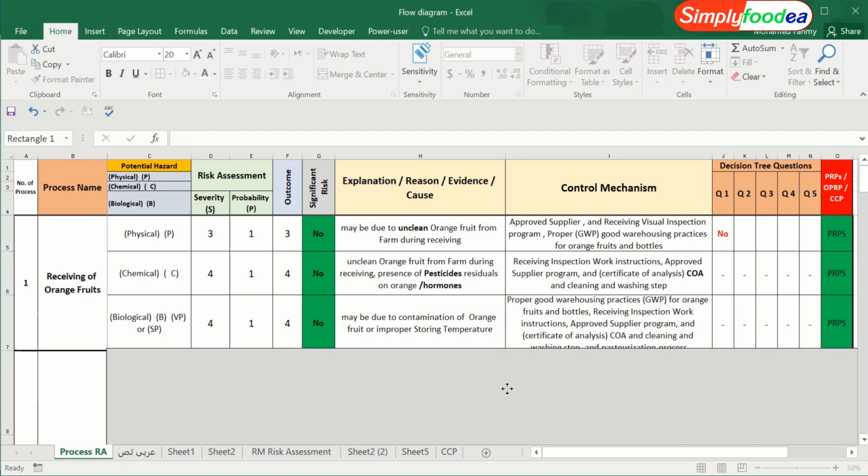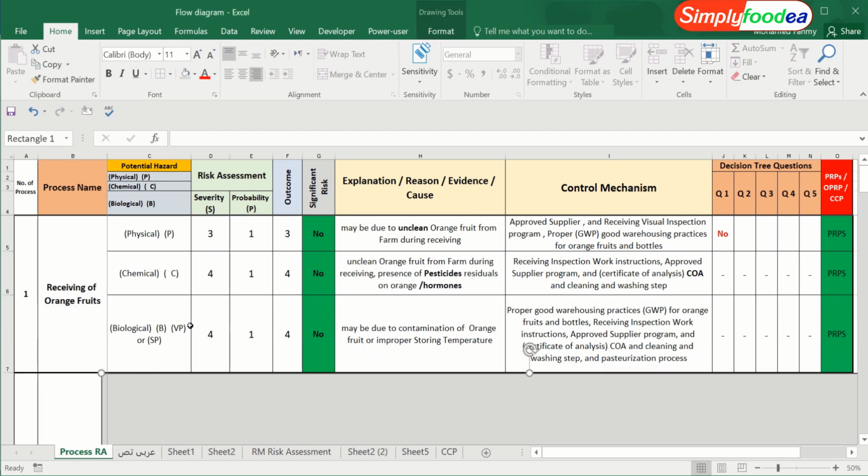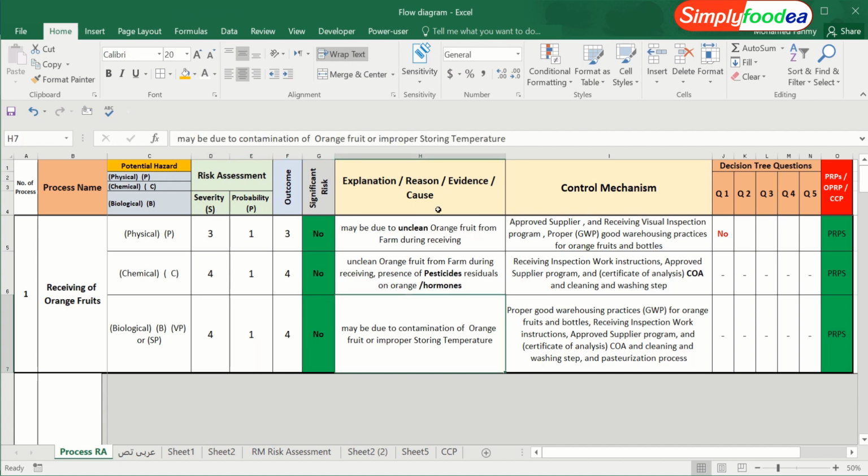So here we'll talk about the biological hazard in the receiving, which is severity 4, probability 1, maybe due to contamination of orange fruit or improper storing temperature, because the temperature is very important, which causes rotting of the orange fruit.